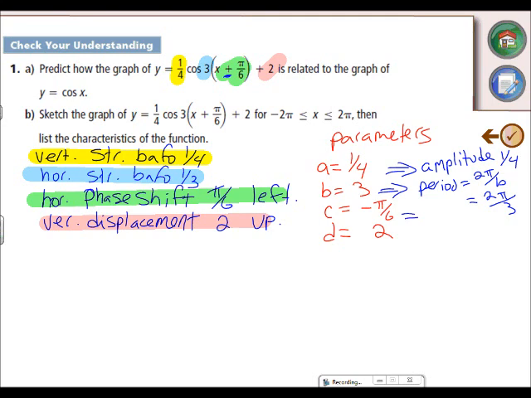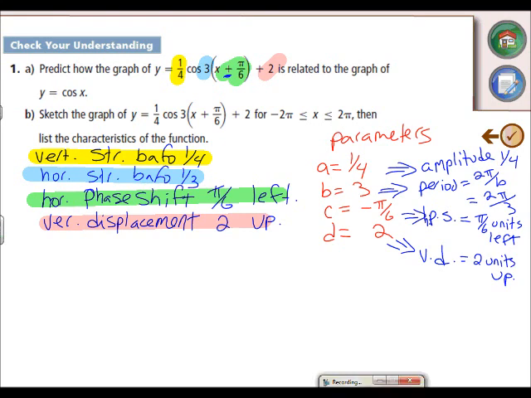The C value gives us our phase shift. We got a horizontal phase shift, I'll put an HPS, horizontal phase shift of pi over 6 units left. And we've got now our D value, which is going to lead straight into our VD, our vertical displacement, of 2 units up.